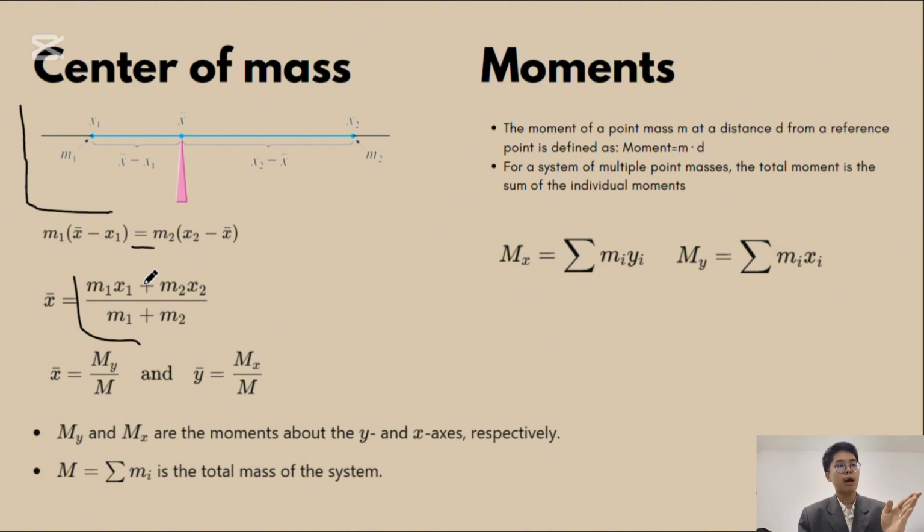We can apply the same to the graph with many points of mass. X bar equals the total moment about y over the total mass, and y bar will be the total moment about x divided by the total mass.